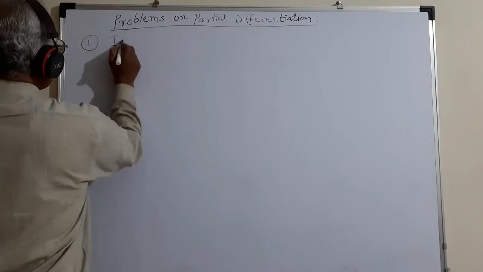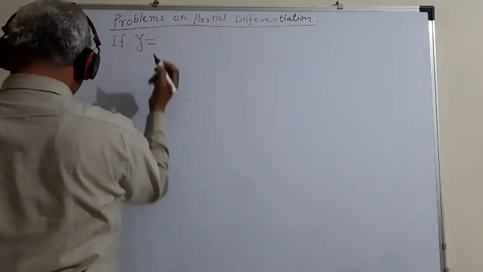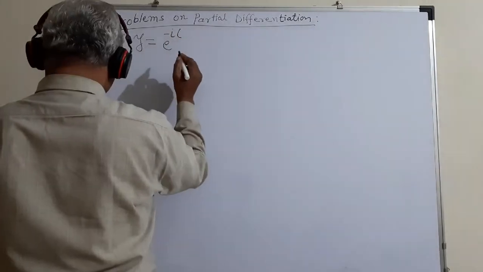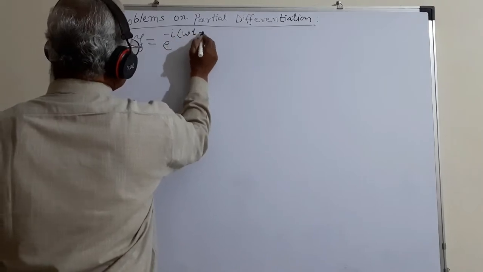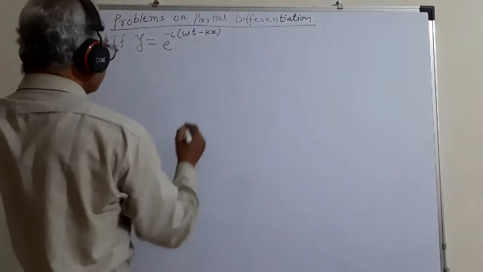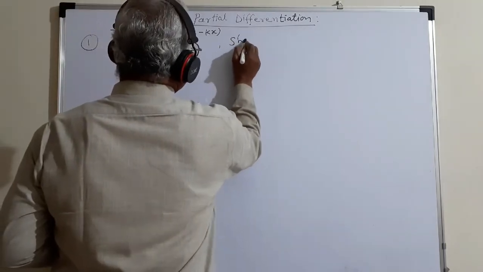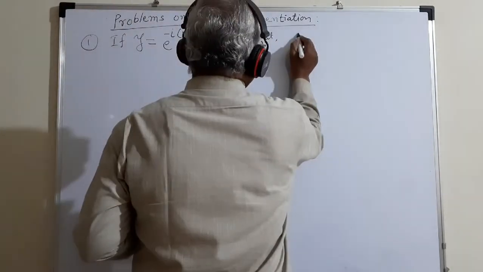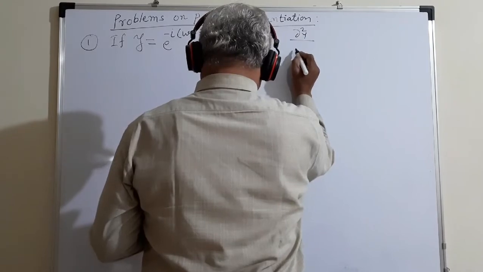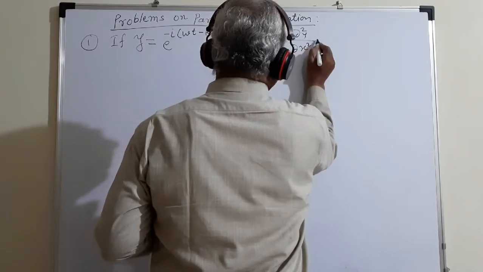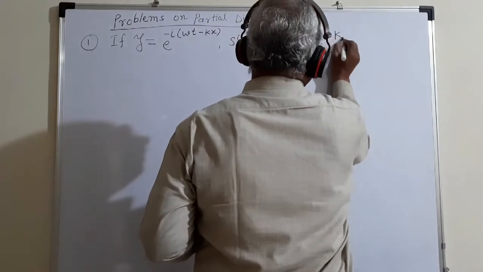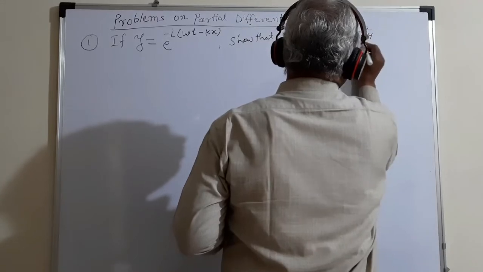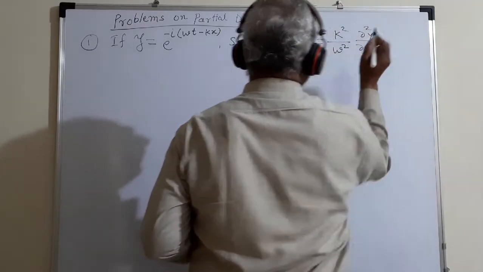If y is equal to e raised to minus i into bracket omega t minus kx, you are asked to show that ∂²y/∂x² is equal to k² upon omega² ∂²y/∂t².